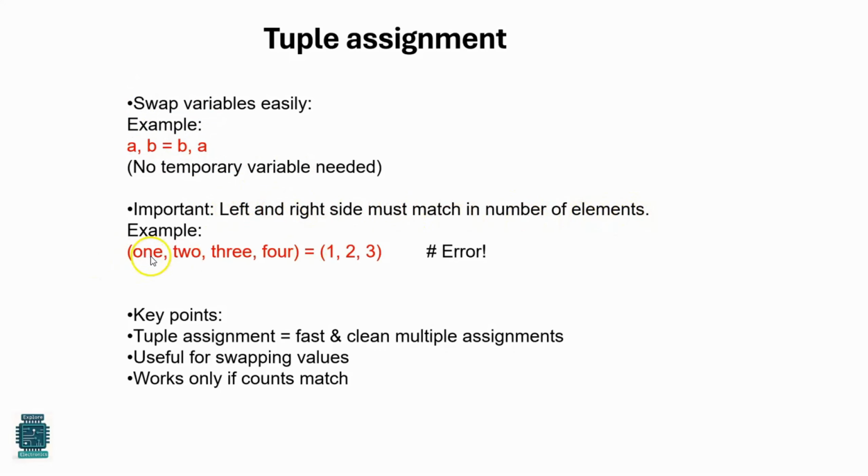For example, if I take 1, 2, 3 and 4 variables, it should be equal to the right hand side, which should also have four values, 1, 2, 3, 4. Like that it should be, or else it will show an error. Got it? Both should be equal. Left and right side must match.